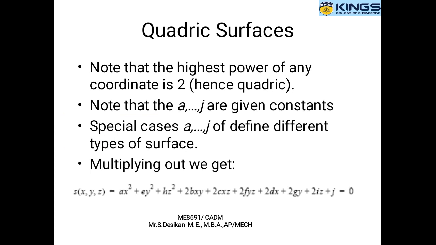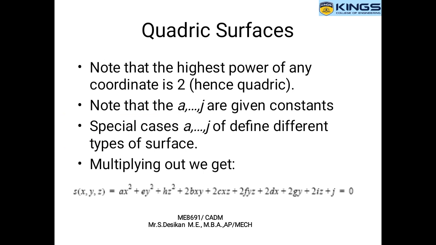To analyze any quadratic surface as constructive geometry, first we have to find the highest power of the coordinates. Based on the highest power, the equation can be derived.